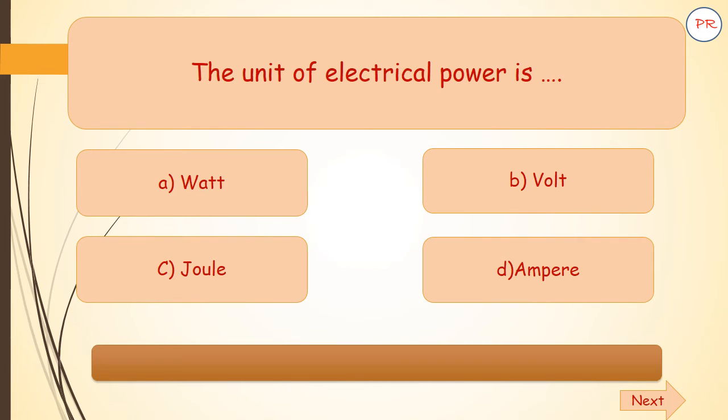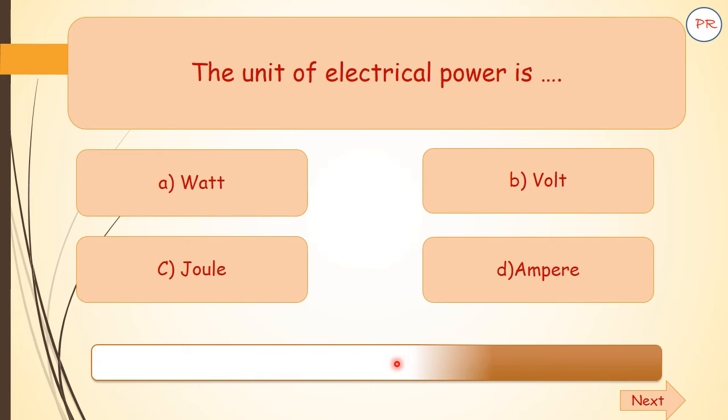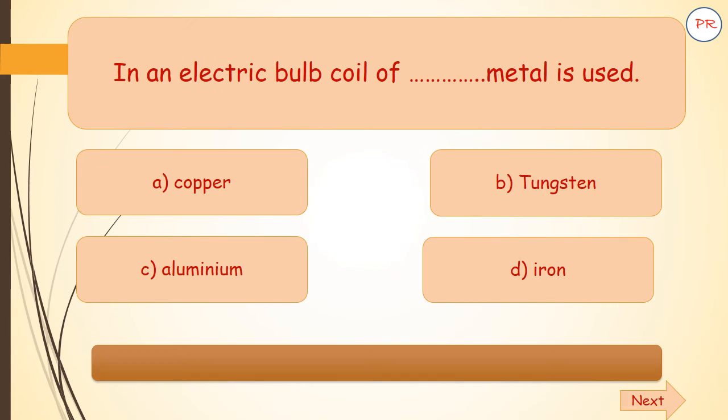Now here is the first question. The unit of electric power is A. watt, B. volt, C. joule, D. ampere. Your time starts now. And the correct answer is A. watt. In an electric bulb, the coil of dash metal is used.